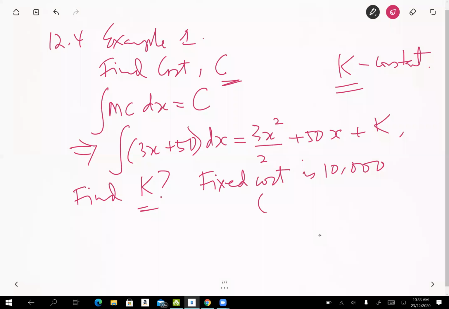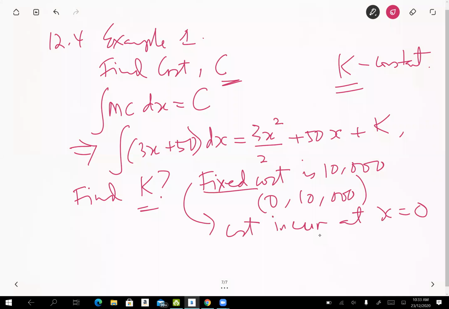That is the point (0, 10,000). Fixed cost means the cost that you incur at x equal to 0. That means the cost that we incur even if we don't produce any output. So at x equal to 0, the cost is the fixed cost.